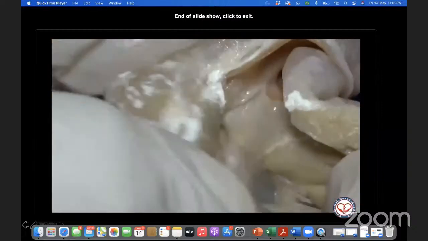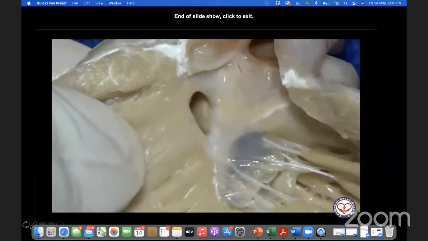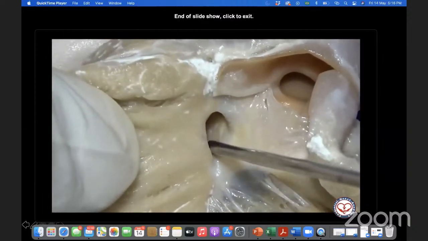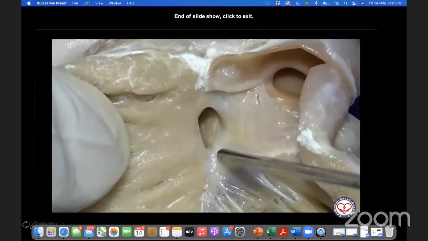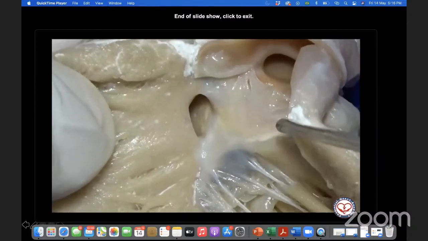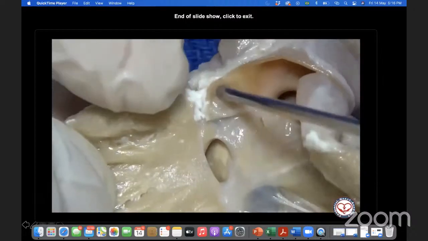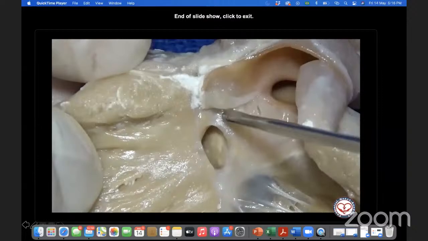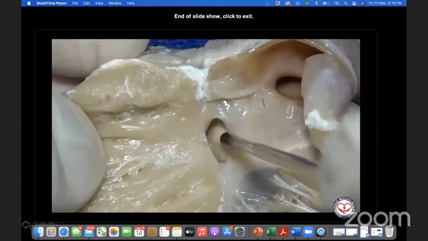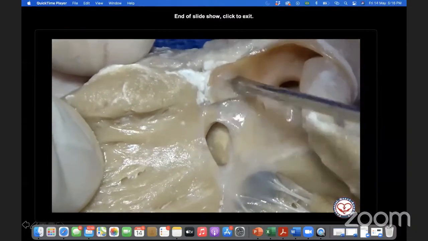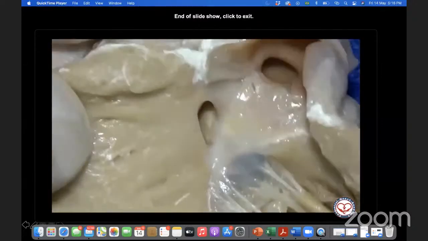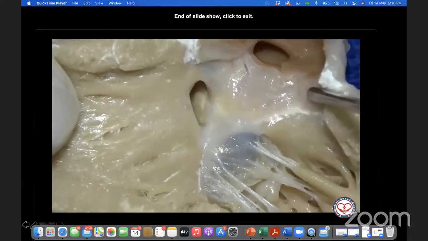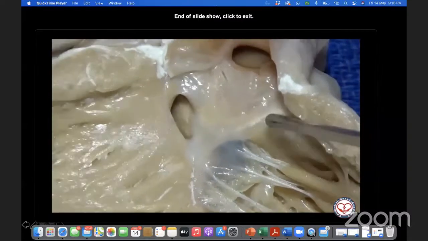The left side of the defect shows us the muscular bar between the tricuspid valve and the mitral valve along the posterior inferior border, and as well the fibrous continuity between the pulmonary valve on the left and the aortic valve, as we saw on the right. There is the fibrous continuity between the mitral valve and the pulmonary valve within the left ventricular outflow tract.